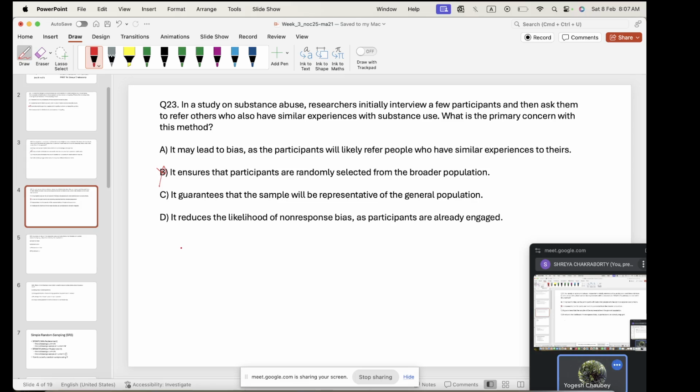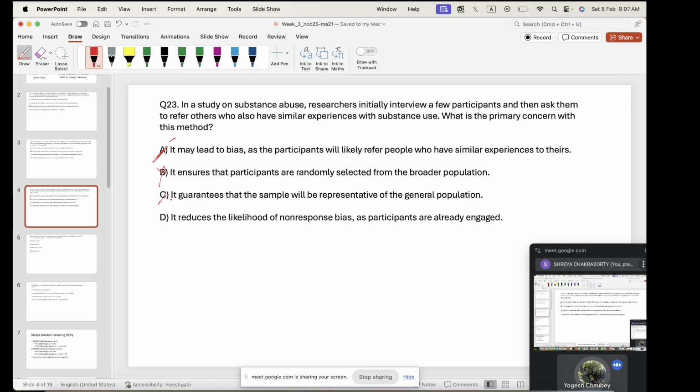So A, the primary concern, is the most appropriate one, because it is not commonplace to suffer from substance abuse. So it does not guarantee that the sample will be representative of the population.